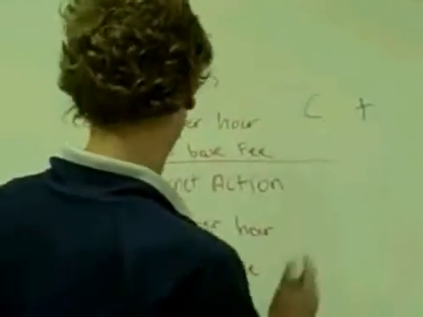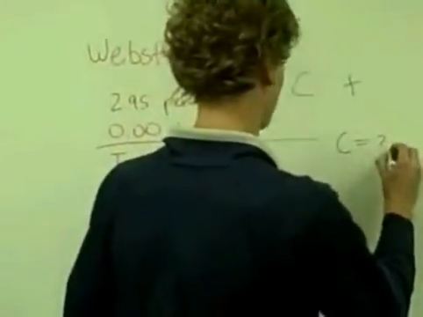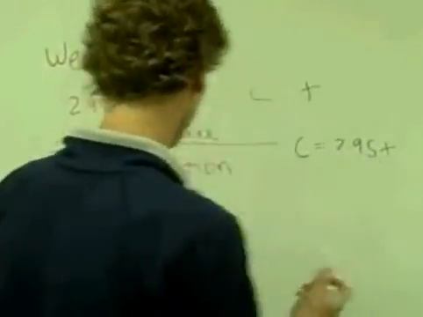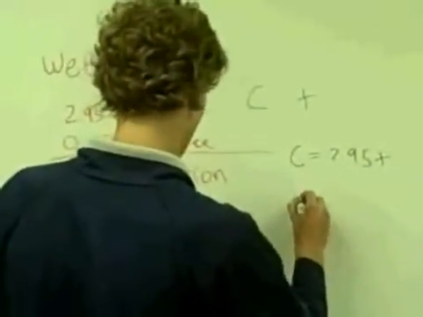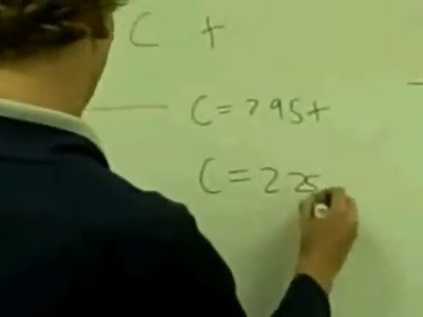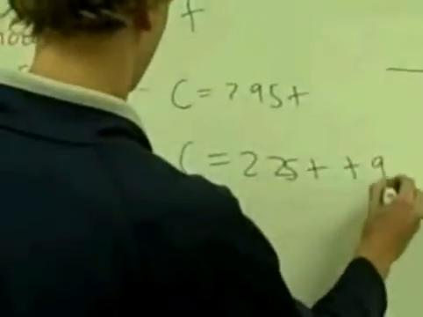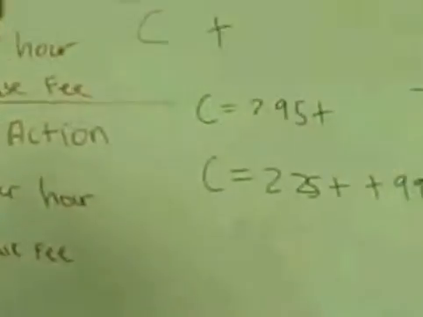For Webster's, the equation would be C equals 2.95 per hour. For Internet Action, the equation would be C equals 2.25 T plus a $9.95 base fee.